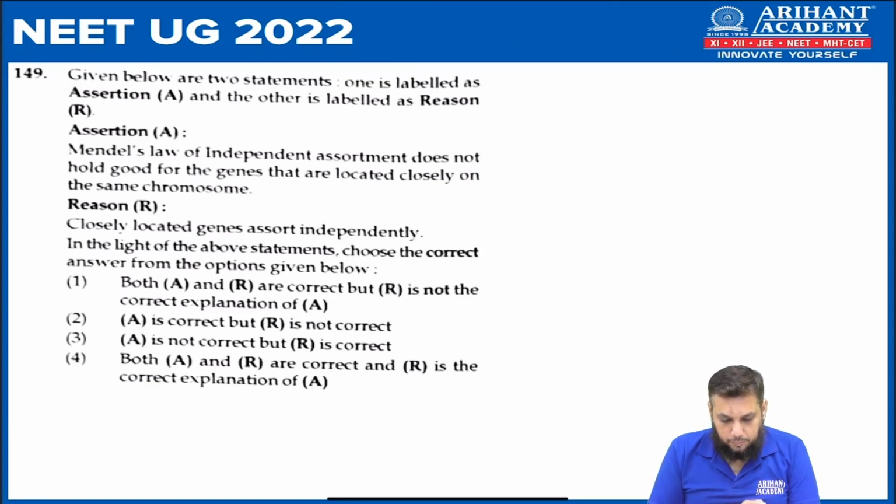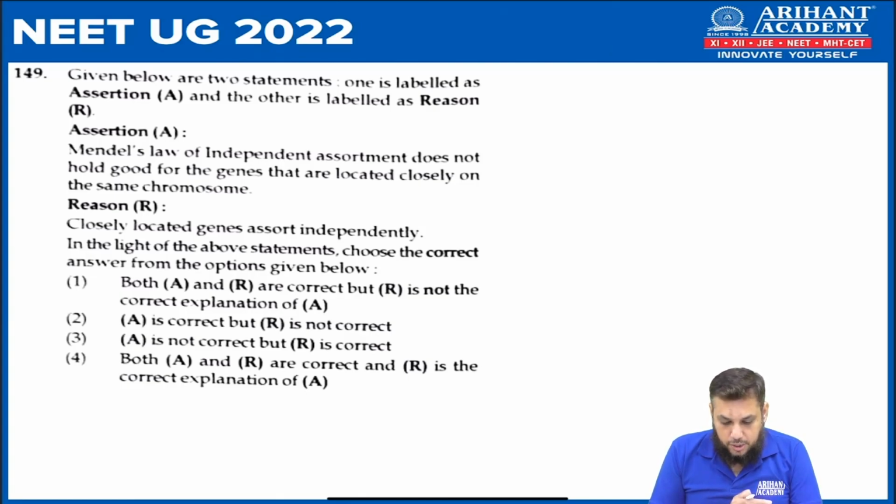149. Assertion and reason. Given below are two statements. One is labeled as assertion, the other is labeled as reason. Mendel's law of independent assortment does not hold good for the genes that are located closely on the same chromosome. Closely located genes assort independently. So for 149, from inheritance and variation, the assertion is correct, but the reason is not correct.